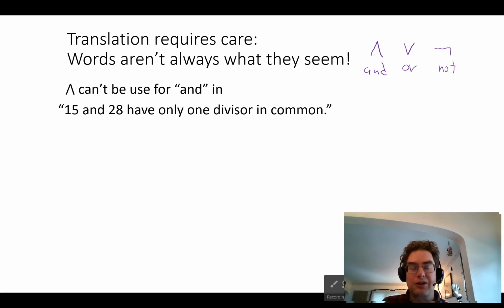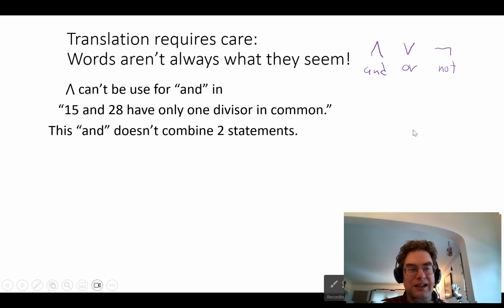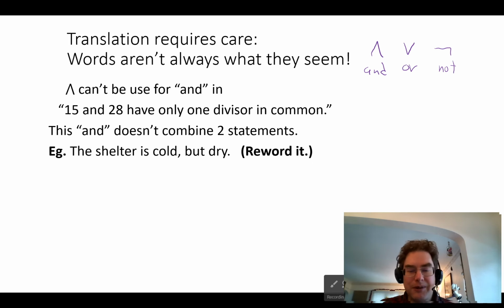So definitely be on the lookout for that. Lots of uses of these signal words where they're not connectives in those contexts. Okay, it doesn't combine two statements, and that's what a connective and needs to be doing. We've already seen one like this, so I won't dwell on it. The shelter is cold but dry.